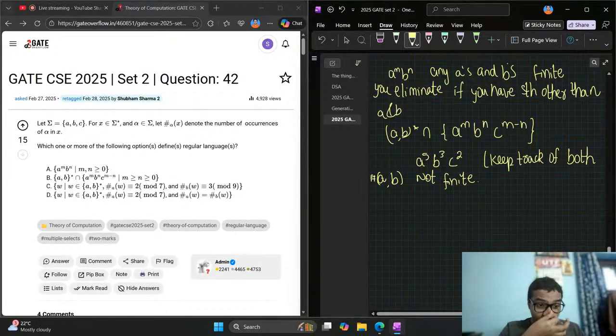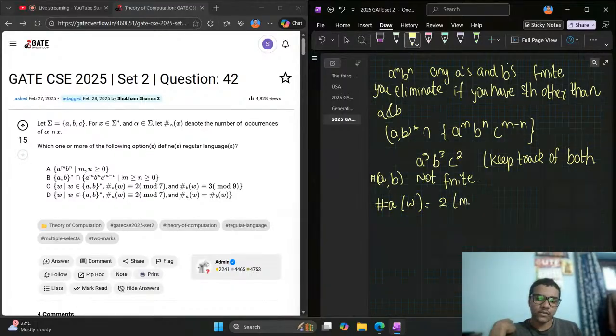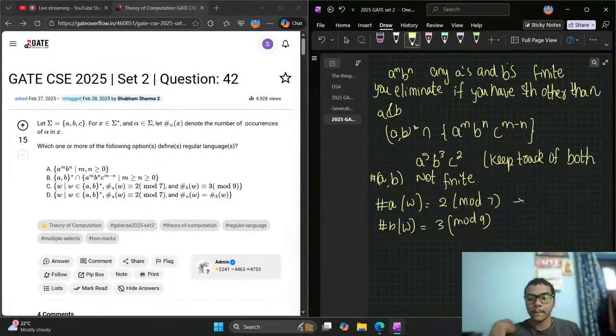And if you look at all possible combinations of a and b, and 2 mod 7, 3 mod 9, so 7 states implemented, 8 states implemented. It is finite.